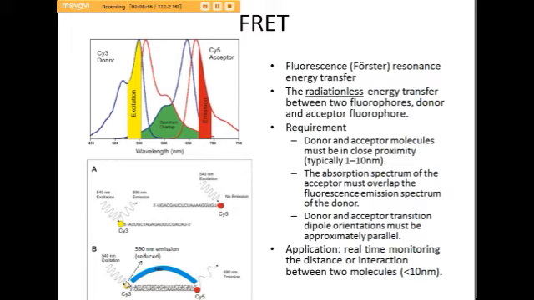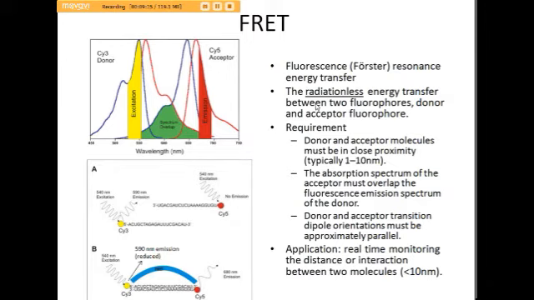But in addition, a small amount of energy will be directly passed from Cy3 to Cy5. This energy is from the excitation of the 540 nanometer light. Part of the energy will be used to generate emission, and a very small part of it will be converted and directly passed to Cy5. So this is FRET.